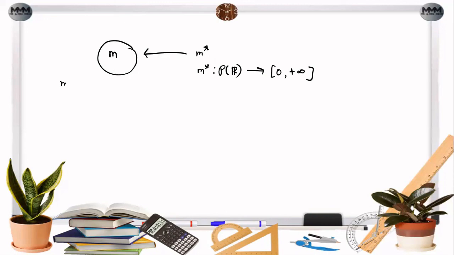Whereas m, the Lebesgue measure, is defined from script m to the closed interval from 0 to positive infinity, where script m is a subset of the power set of R. Follow? So script m is the set of all measurable sets. That is, we only consider measurable sets for the domain of the Lebesgue measure.